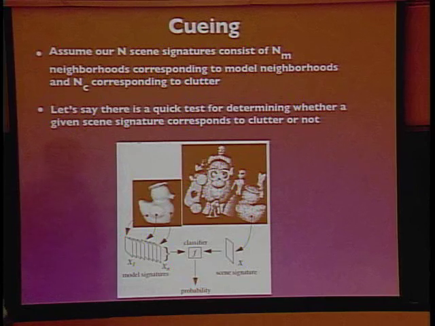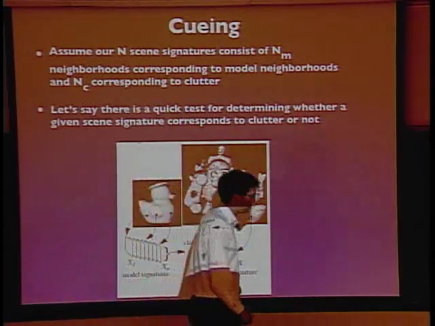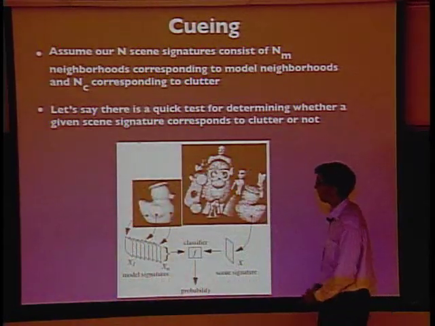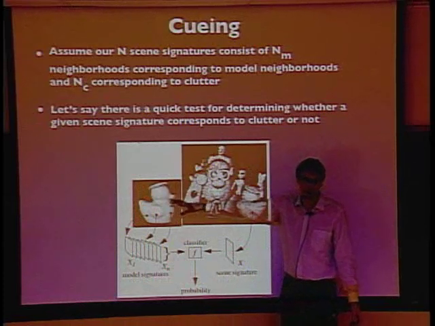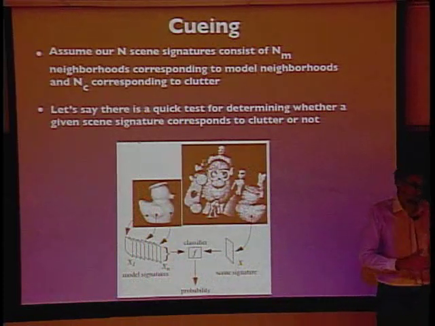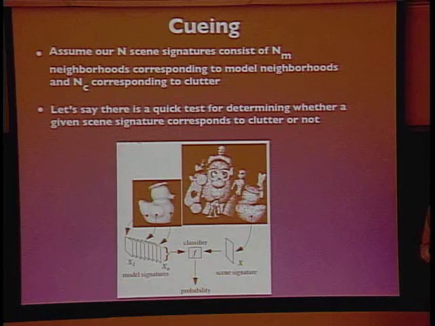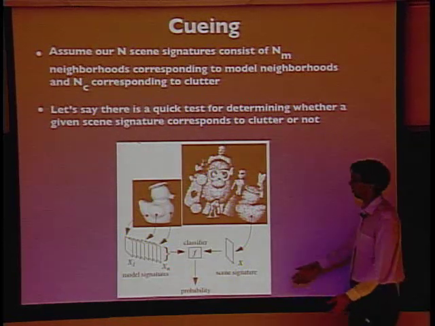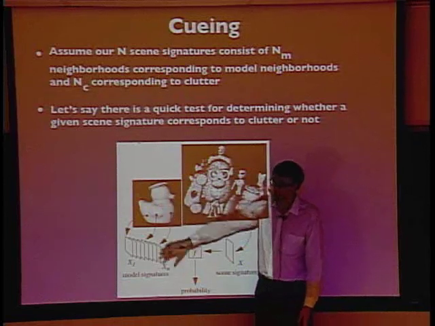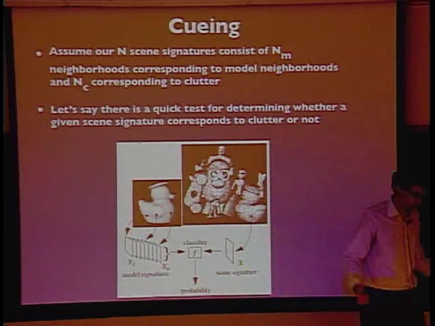So what this classifier can do is use shape signatures from our model objects and shape signatures from, the easiest thing to think about, scenes in which your object does not appear. Those are the negative examples. None of those correspond to objects in your library, and all of the signatures from objects in your library correspond to objects in your library.